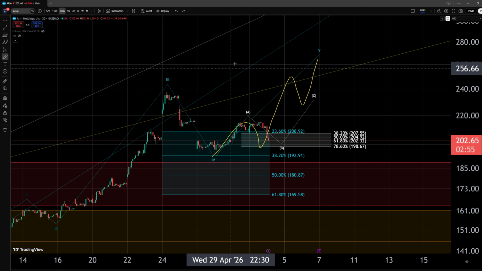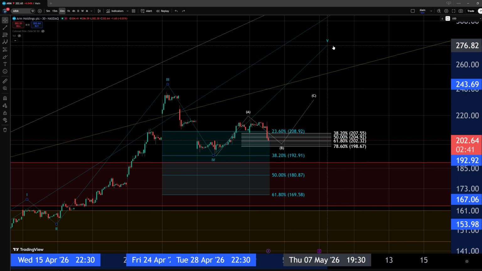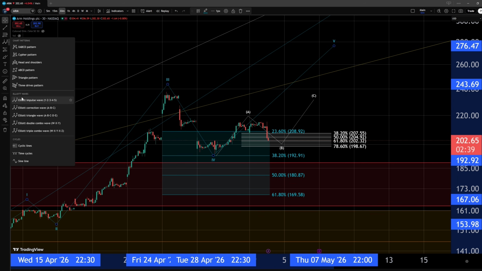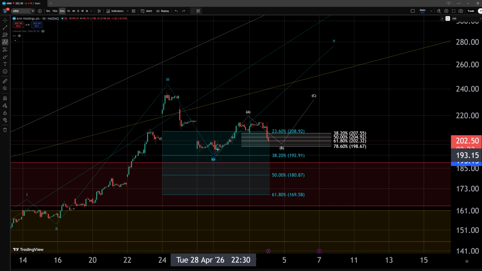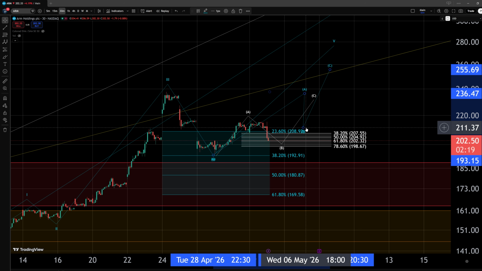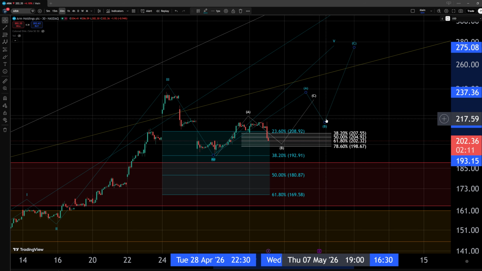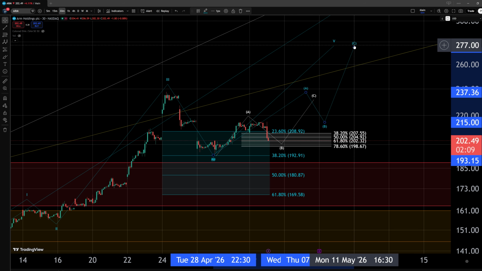Totally acceptable. But then the wave A of the wave 5 in blue doesn't need to build a 5-wave pattern. It could be building a zigzag, in which case I would expect the next wave to the upside to complete the wave A of the wave 5, and I would expect the wave B and the wave C to complete the entire structure.